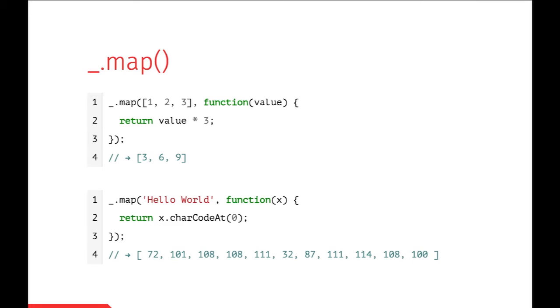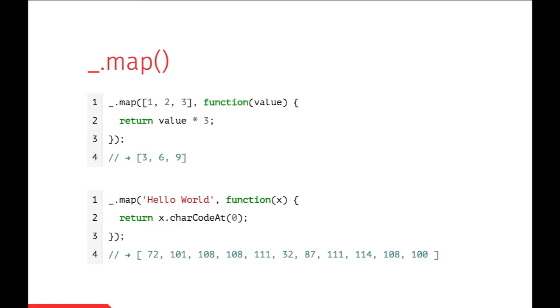And the behavior is more consistent. So if you pass an object to map method, it iterates through values, and you have also access to keys. If you pass an array, you have array values and indices, as usual.